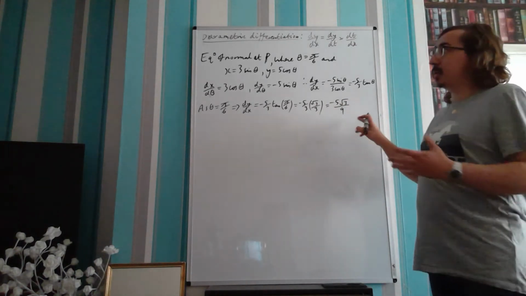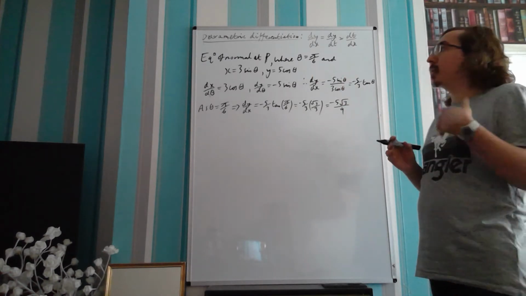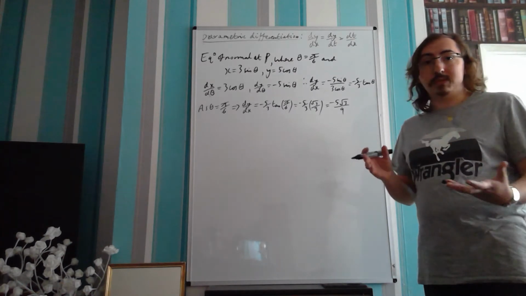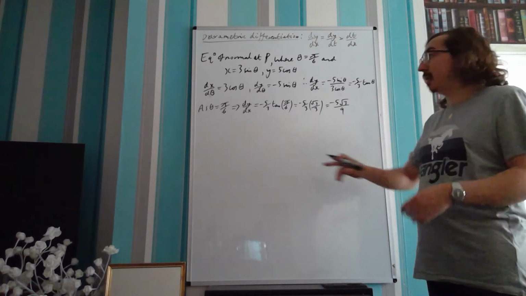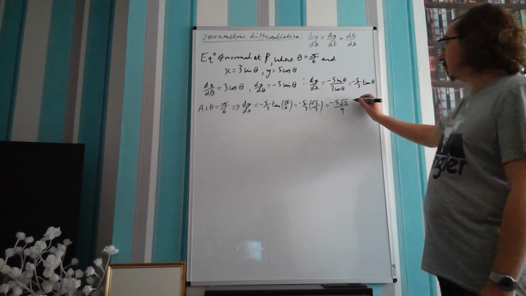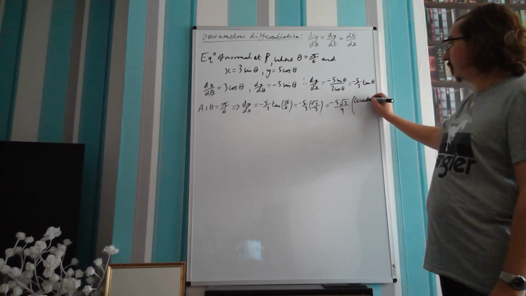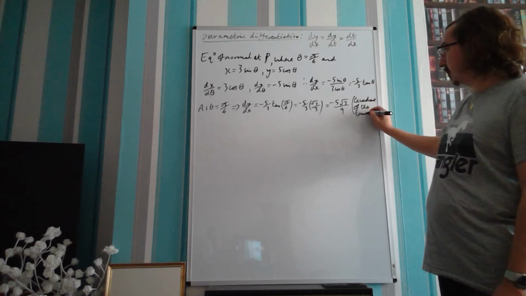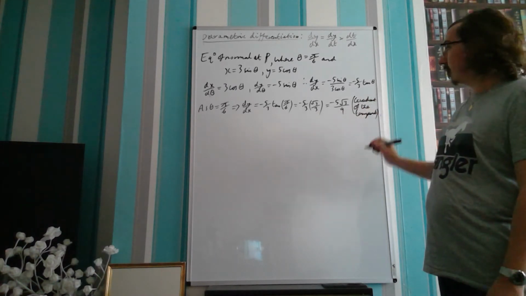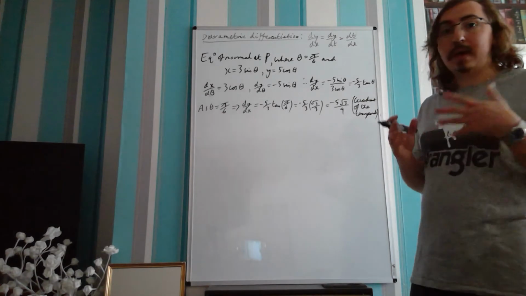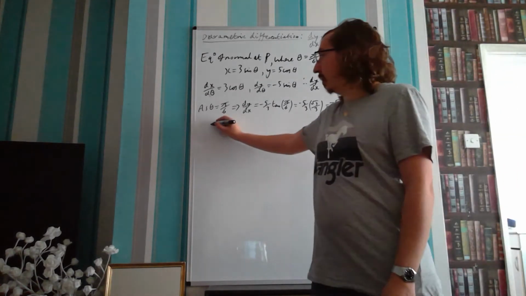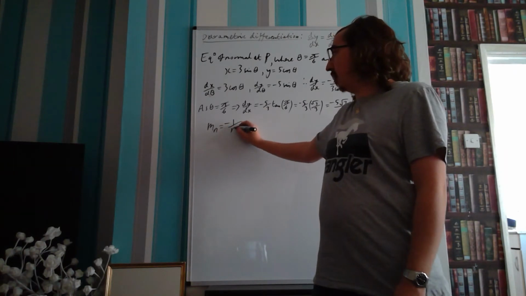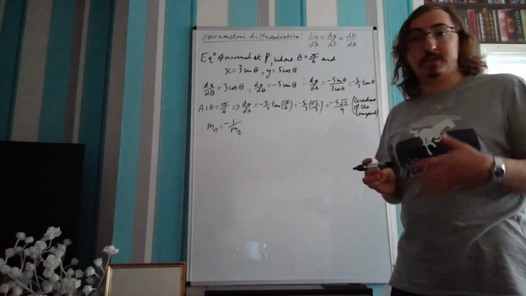So then we need to go back to our question, and it says, well, we want the equation of the normal. Well, we've just found the gradient, and specifically dy by dx is the gradient of the tangent. So we need to remember a connection here, that our gradient of our normal is minus 1 over the gradient of the tangent.